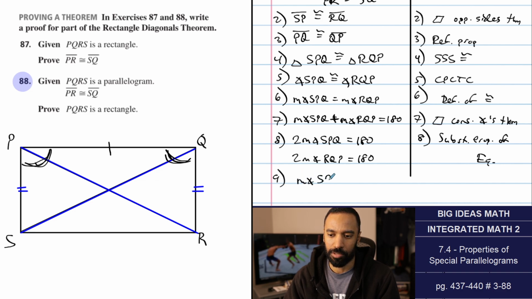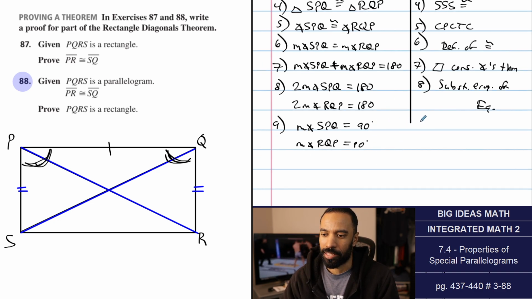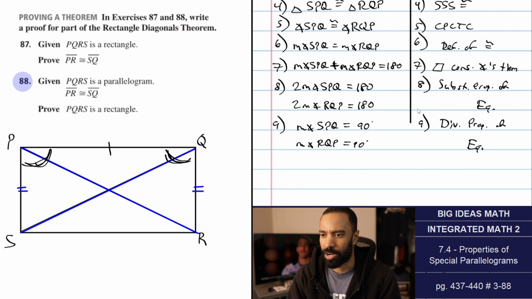Measure of angle SPQ is 90. Measure of angle RQP is 90 degrees, right? That is division property of equality.